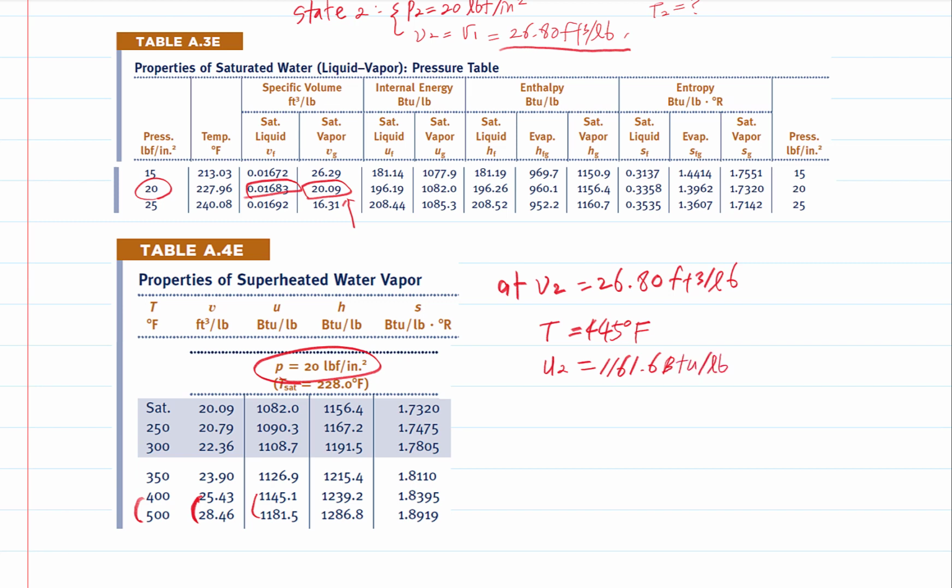We apply the energy balance to the closed system, delta U. The system is considered to be stationary. We ignore kinetic energy change and potential energy change. The system is well insulated. Q is 0.